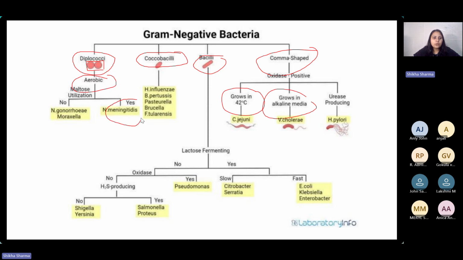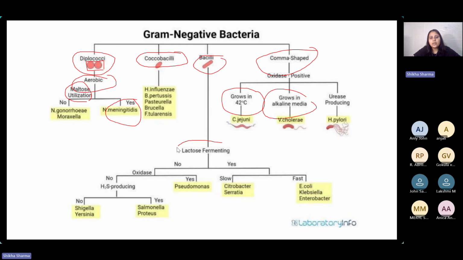If it's aerobic, it cannot utilize maltose. Anaerobic bacteria can utilize maltose, so they can be put into another classification.